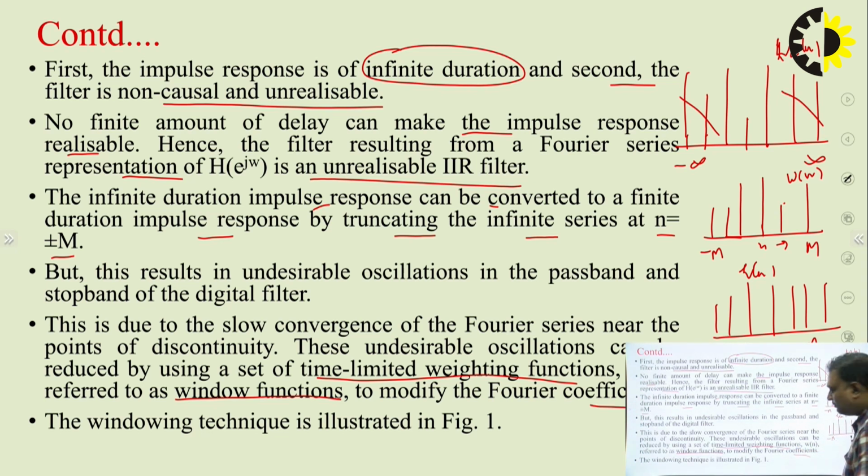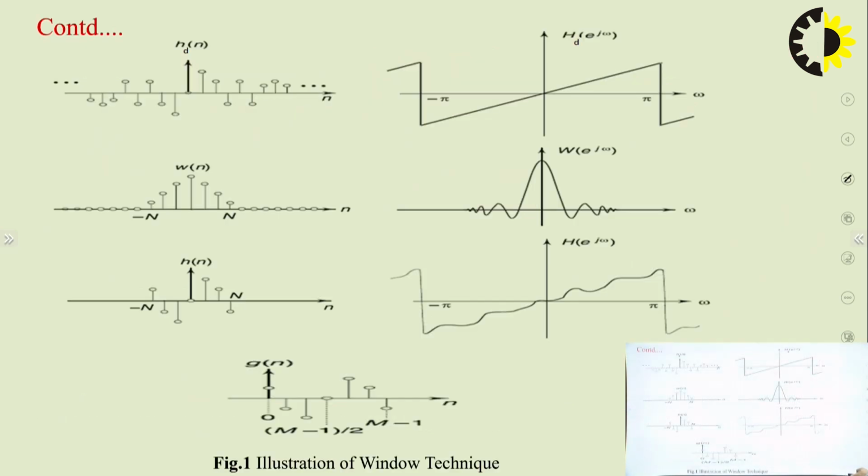Okay. Now we will see this window technique using a figure. You can see this is your infinite duration impulse response. The dots on both sides mean n is from minus infinity to infinity. So this is the impulse response, and in this case it is of infinite duration.